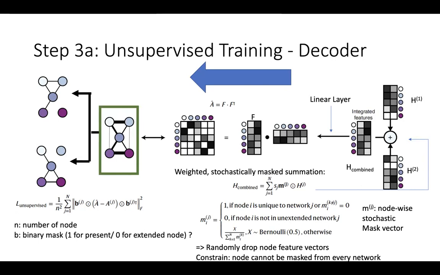Okay, makes sense. And what is S_J there? I forgot. So what is otherwise? Otherwise means the node is in both networks? Yeah, it's not unique. Sorry, I forgot what the S1 is.